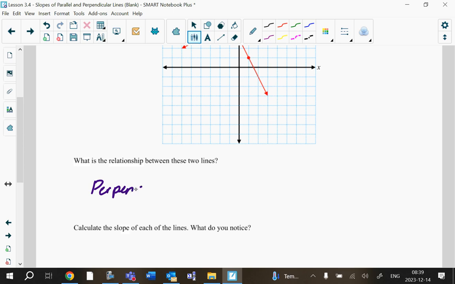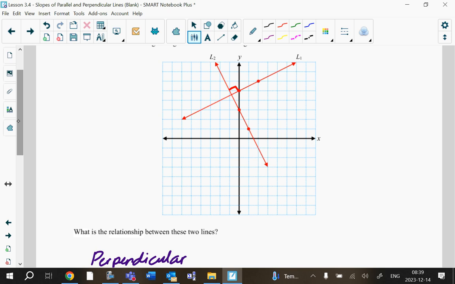But this time, if we find the slope of each one, they're not going to be the same. But there is going to be a relationship between the two. So the slope of L1, well, here from this point to this point, I rise +1, and I run +2. And for L2, from this point to this point, I rise -2 because I'm going down, and I run +1.